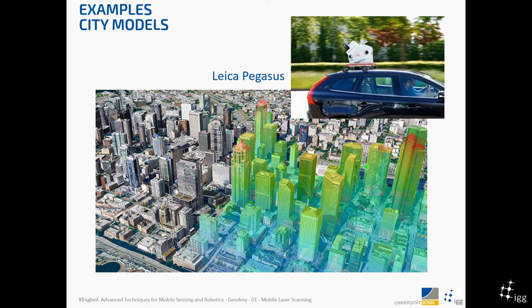We can move through the city and generate 3D models plus potentially other information while we move through the city. This is more like an advertisement plot here, of course, but it shows a little bit what is actually meant by that. So we have the city and we generate a 3D representation of the environment while we drive through it.